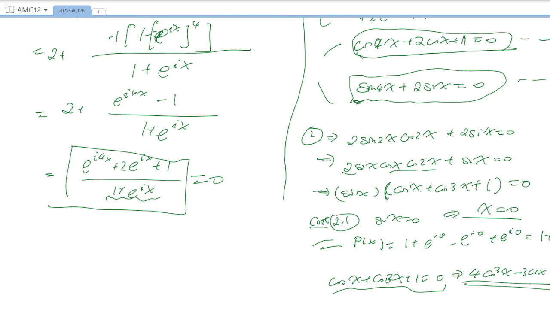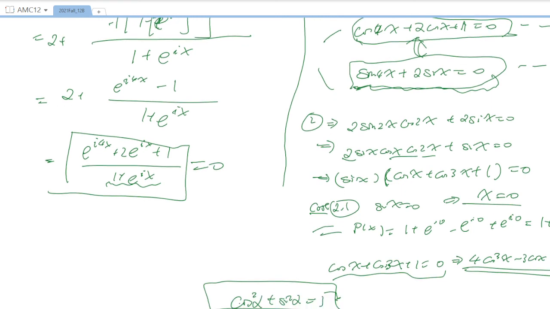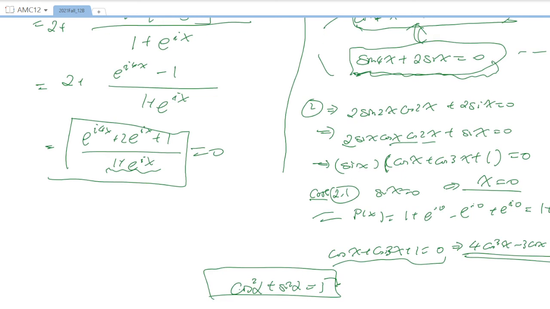Normally we always use cosine squared alpha plus sine squared alpha equals 1, and we always want to apply this. We have a constraint here; if we use it, we can satisfy constraint number 1. So let's use number 1.